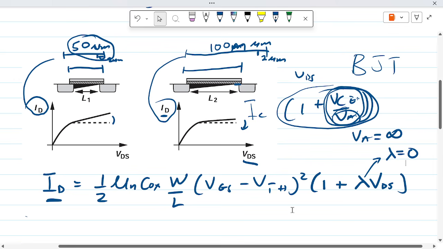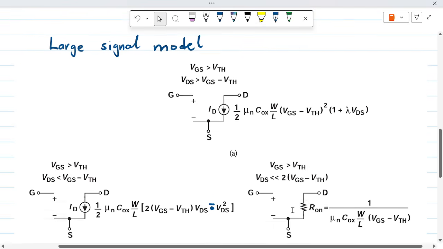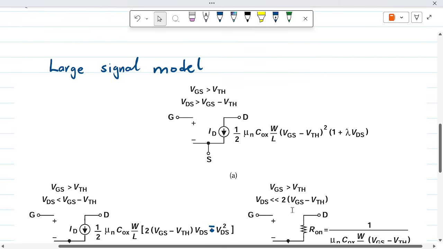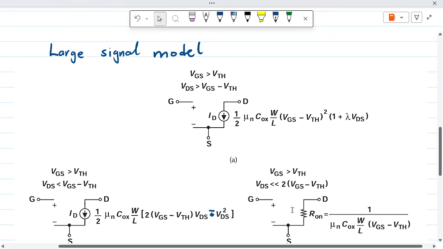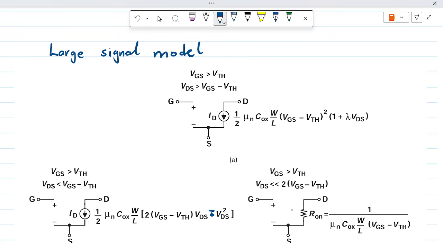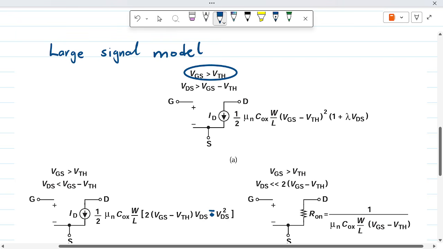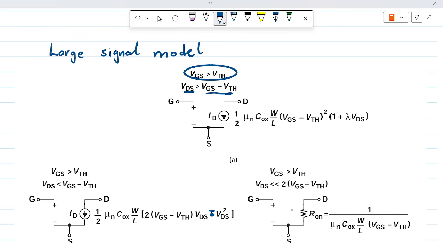So based on this, we can get the large signal model of the MOS device. With channel length modulation, of course, there should be VGS greater than the threshold voltage, and once there is saturation, that means VDS is above the overdrive voltage, then this will be the right equation or the right model.